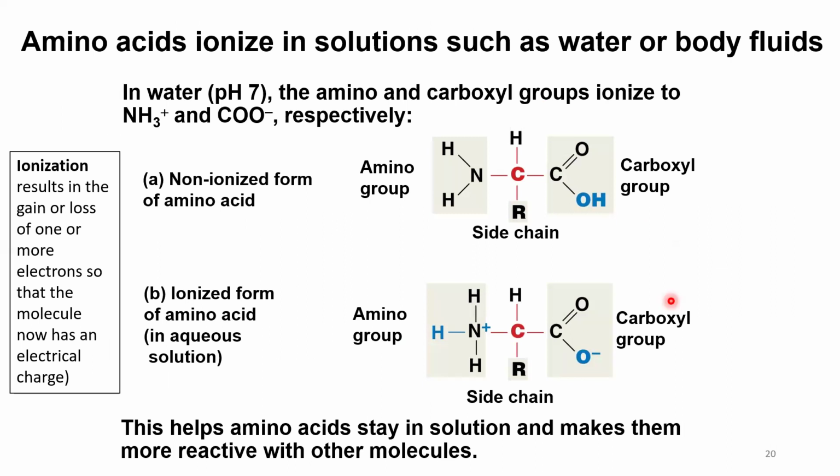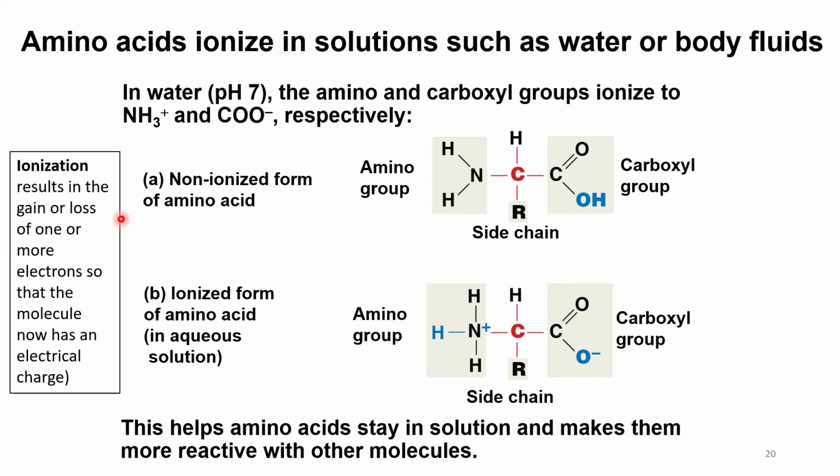So amino acids, when they are in solutions, they can ionize in like body fluids or water. Typically when they're in water, it ends up ionizing to these groups respectively.